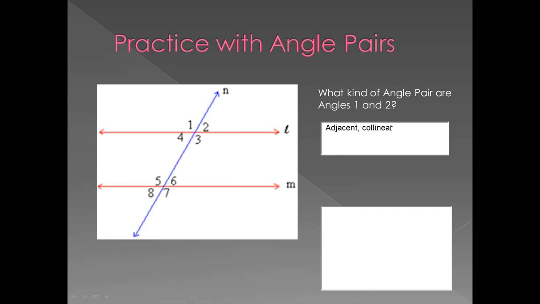All right, let's go with collinear for our next question. What other angles are the same type of angle pairs as angles 1 and 2? Go ahead and type in your answers.